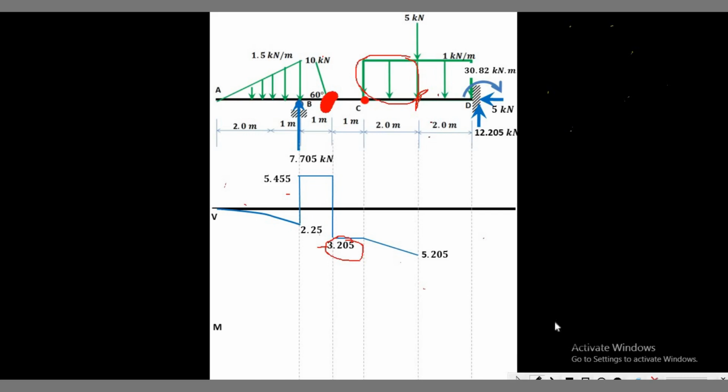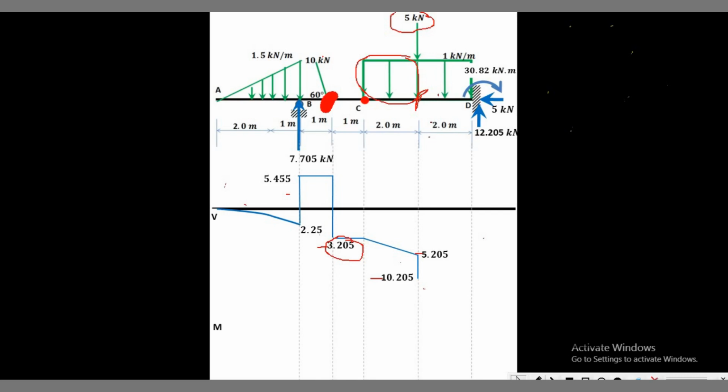Then, mapapansin ninyo ulit, meron akong concentrated load dito na 5 kilonewtons. So, negative 5.205 minus 5, that is negative 10.205. I-connect ko lang ulit siya.